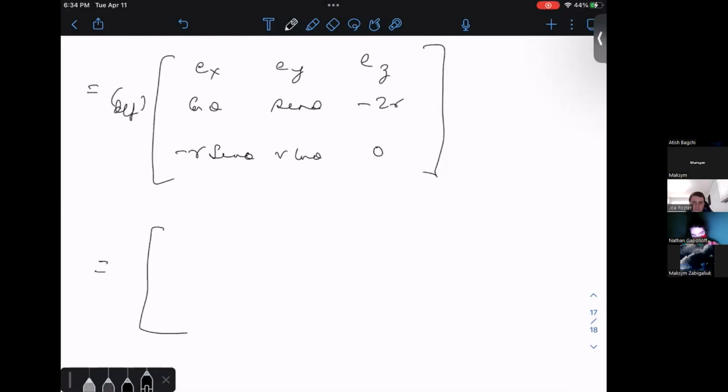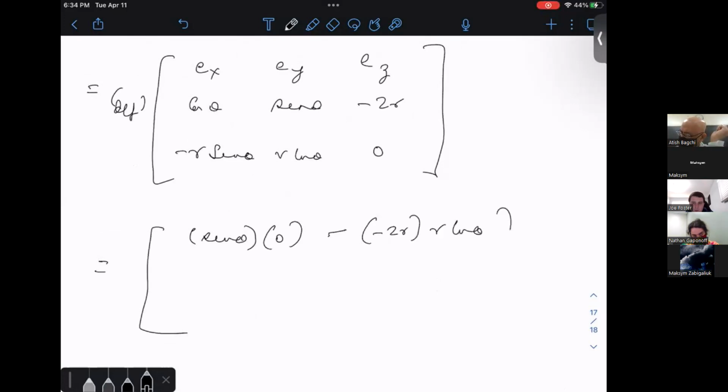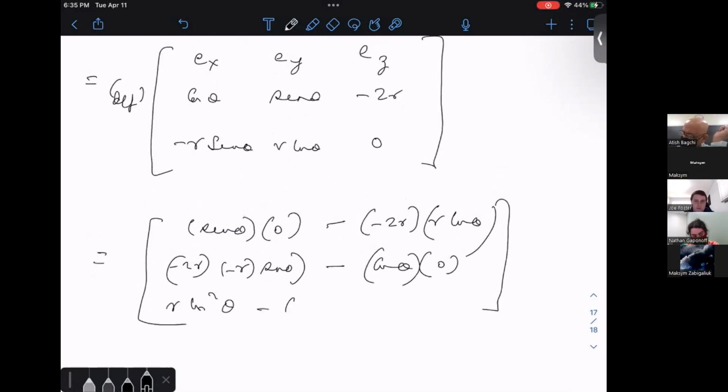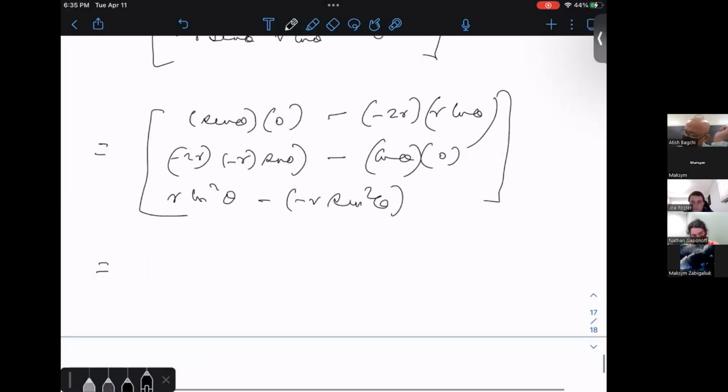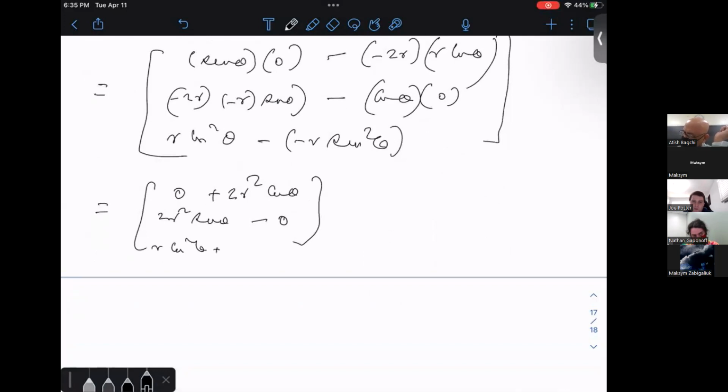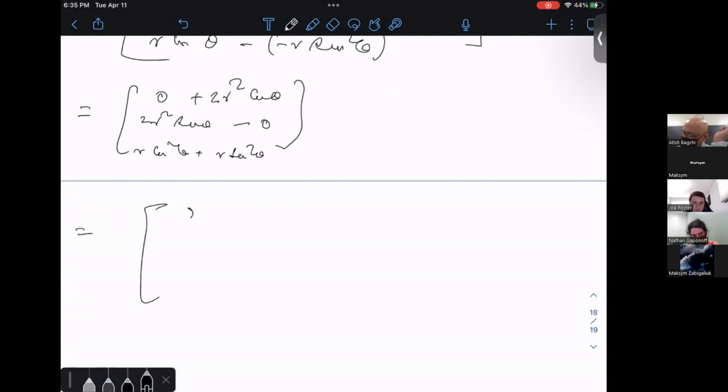So this is equal to (sine theta times 0 minus minus 2r times r cosine theta) Ex, minus (cosine theta times 0 minus minus 2r times minus r sine theta) Ey, and the last one, r cosine squared theta plus r sine squared theta.